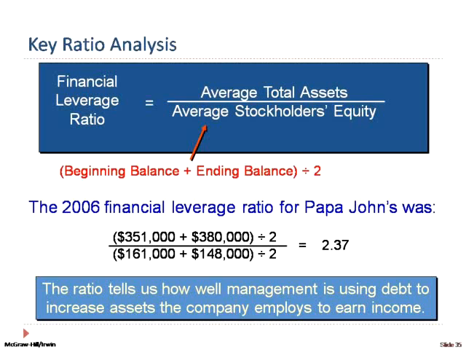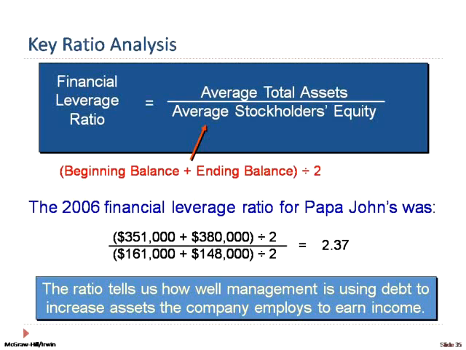Part 2. In 2006, the financial leverage ratio for Papa John's was 2.37. This ratio tells us how well management is using debt to increase assets of the company and use those assets to earn income.